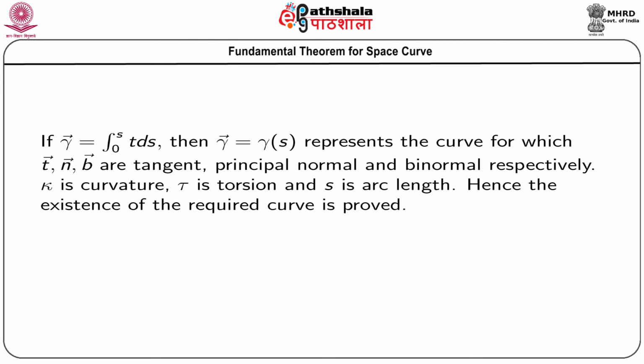Kappa is curvature, tau is torsion and s is arc length. Hence, the existence of the required curve is proved.